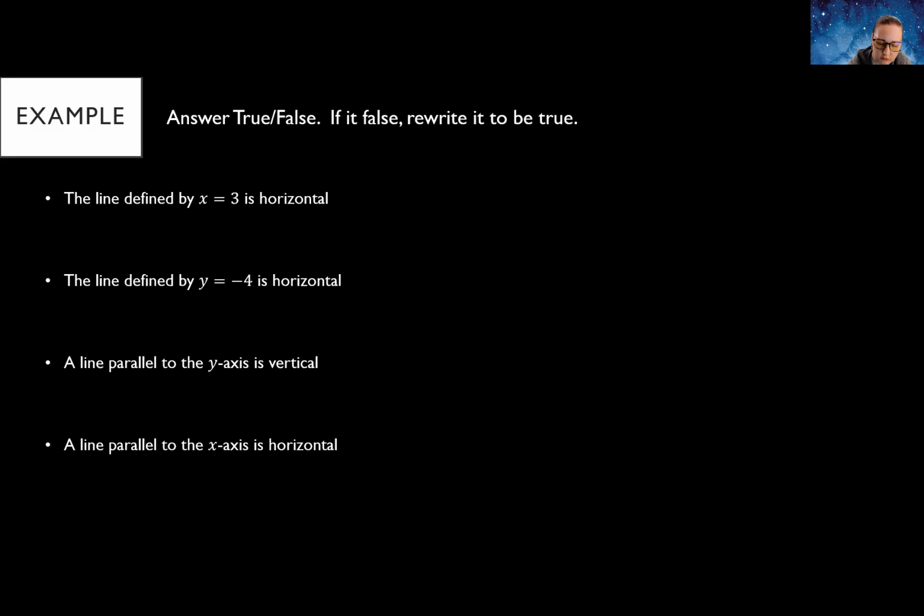So we will start with some true false examples here, and if it's false, we're going to fix it to be true. The line defined by x equals 3 is horizontal. If I've got my x and y axis, and x equals 3, that would be right here.